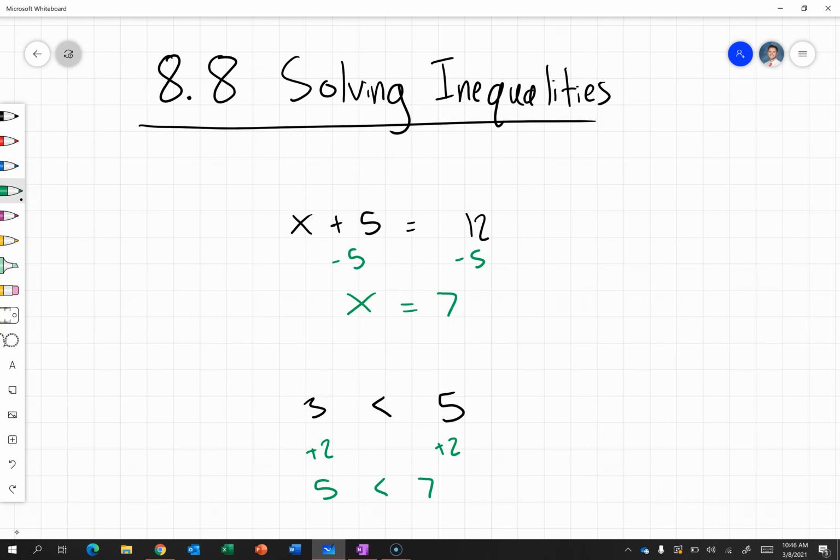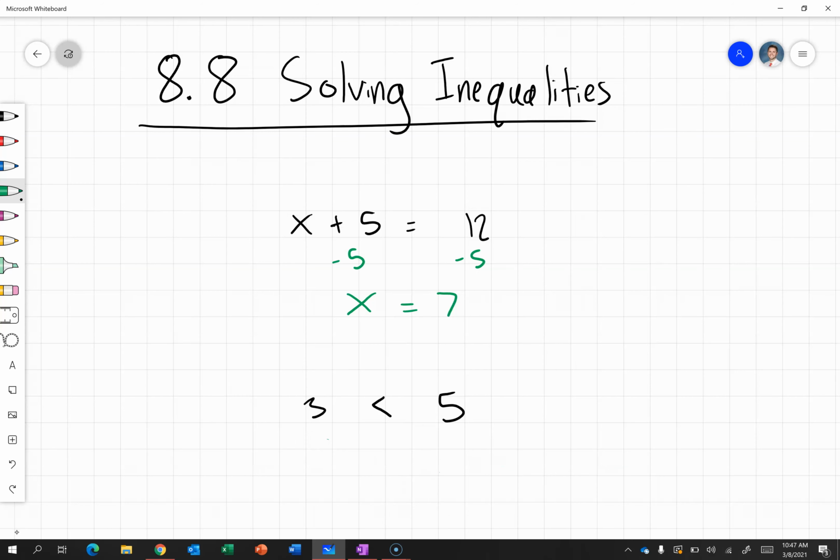So as long as I add the same thing to both sides of an inequality, the inequality is still true. The same thing would be true if I subtract. If I subtract 1 from both sides, I get 2 is less than 4, and that's true. So as long as I subtract the same number from both sides, the inequality remains true.